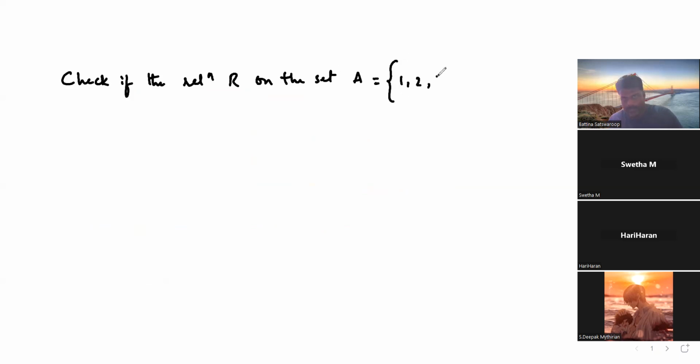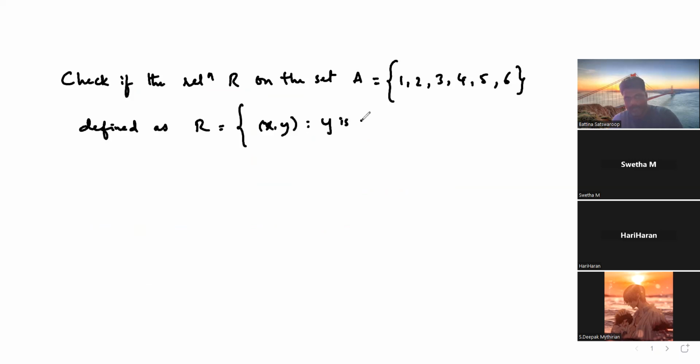Check if the relation R on the set A equals {1, 2, 3, 4, 5, 6} defined as R equals (X, Y) such that Y is divisible by X is symmetric, is transitive.